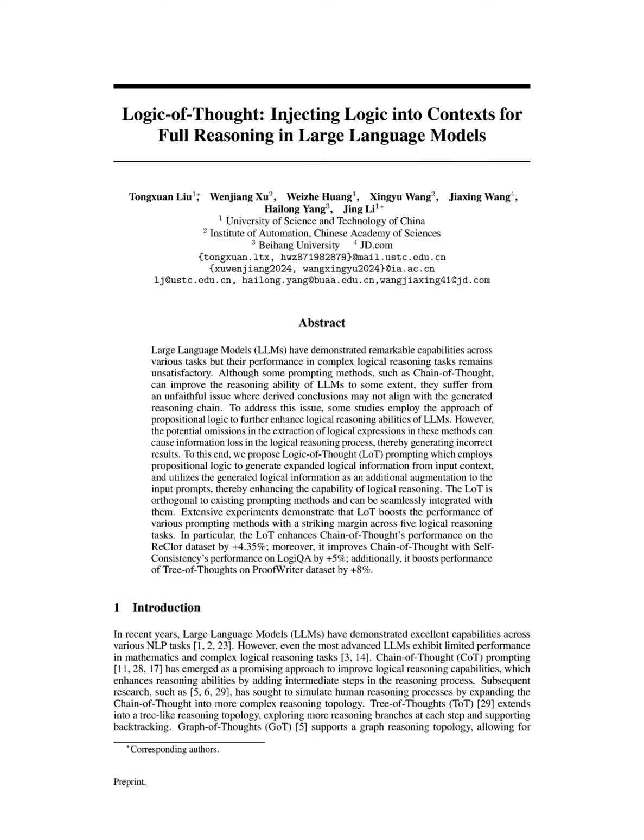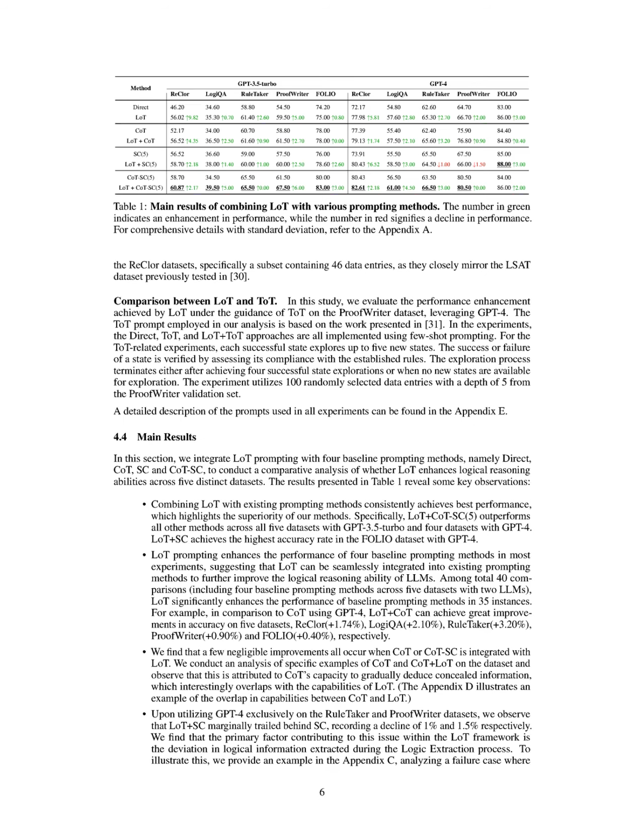On the LogiQA dataset, LOT improves the accuracy of CoT-SC by +5%, and it elevates the performance of the tree of thought (ToT) method on the ProofWriter dataset by +8%. Overall, LOT consistently outperforms existing prompting methods, achieving significant enhancements in 35 out of 40 comparisons across 5 datasets, showcasing its robust capability in logical reasoning tasks.